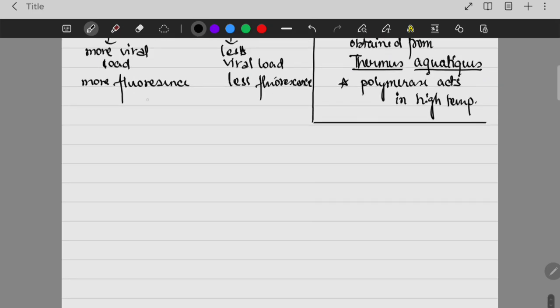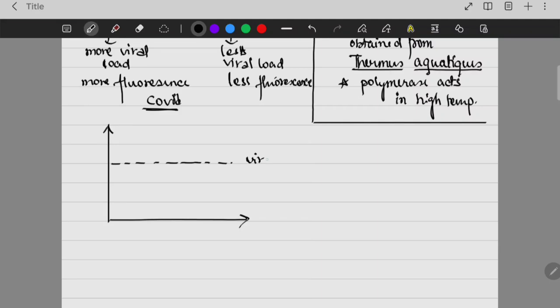So for this viral load, for example, if I take the example of COVID and show it in a graph, something like this, we know that the viral load has a threshold point after which we can say that there is a viral infection. Viral infection threshold.